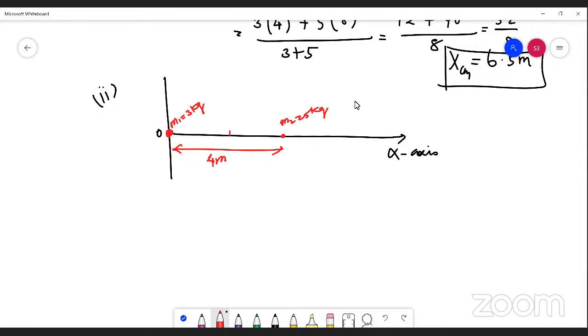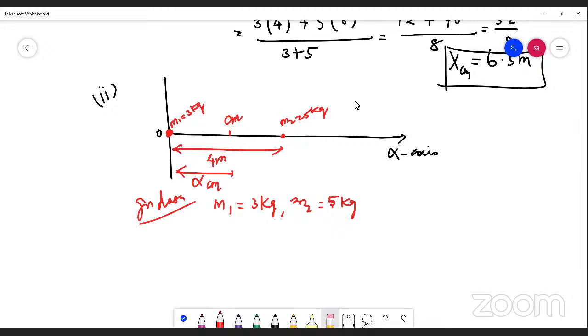Now you are asked to calculate the position of center of mass, that is XCM. Here in this particular case, from the diagram, we are getting the data that once again mass M1 is equal to 3 kilogram. There is no change in it. M2 is equal to 5 kilogram.